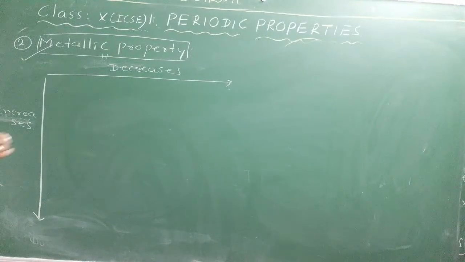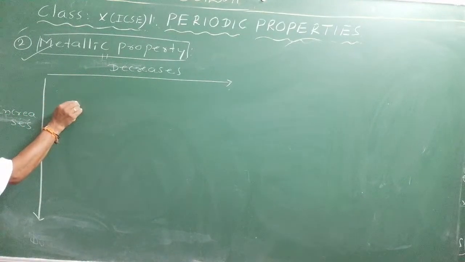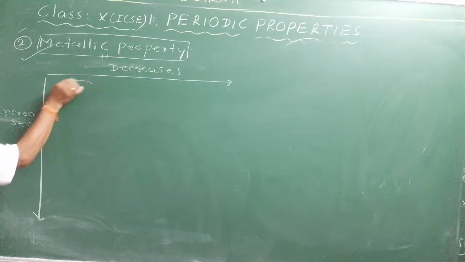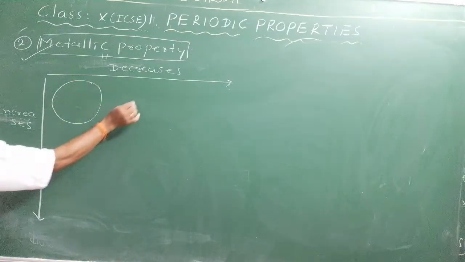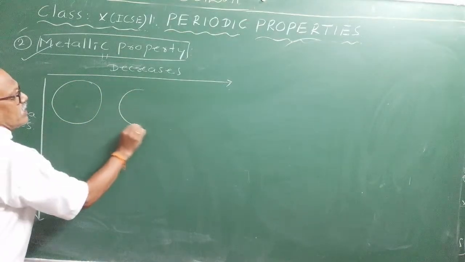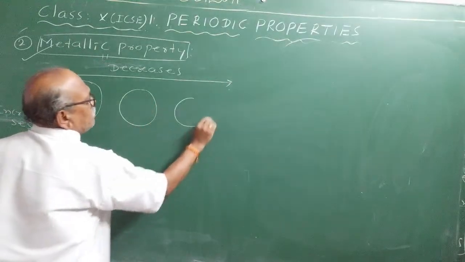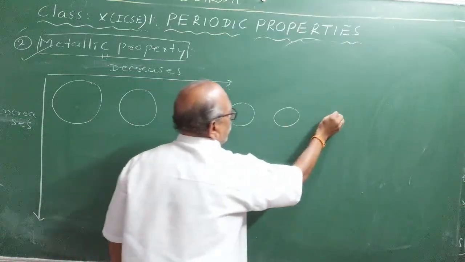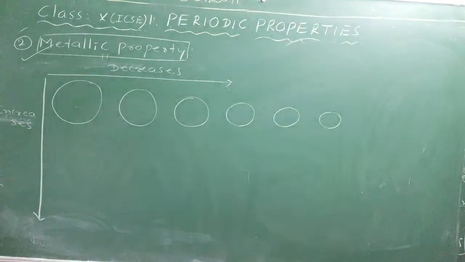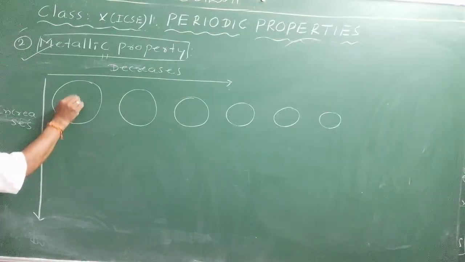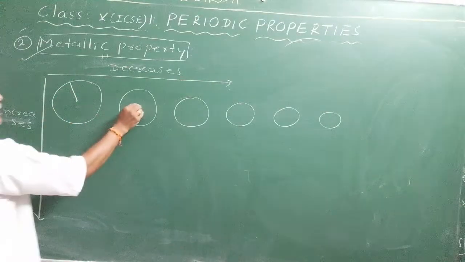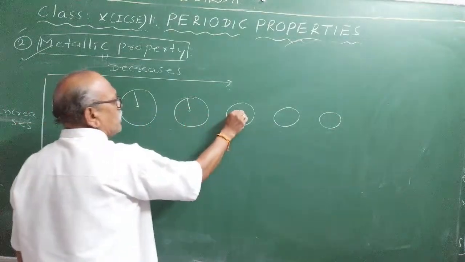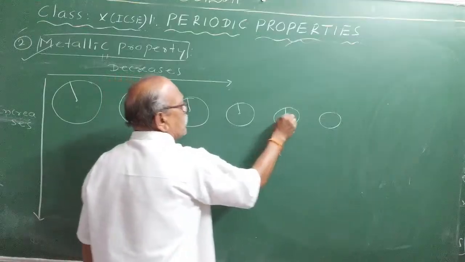Why the metallic property changes is, observe here, what happens to the atomic size? From the alkali metals, if you continue, atomic size goes on decreasing. I am not taking any particular element, I just want to show you. If the atomic size is bigger, the radius is still smaller here, smaller.